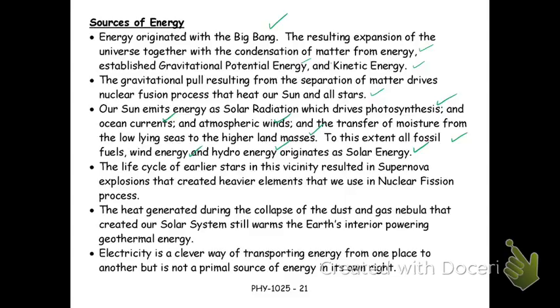The life cycle of the early stars in the vicinity resulted in supernova explosions that created heavy elements, and these enable nuclear fission processes. So your nuclear power plant is the result of star formation. Heat generated during the collapse of the gas nebula that created our solar system still warms the Earth's interior, and we can get geothermal energy.